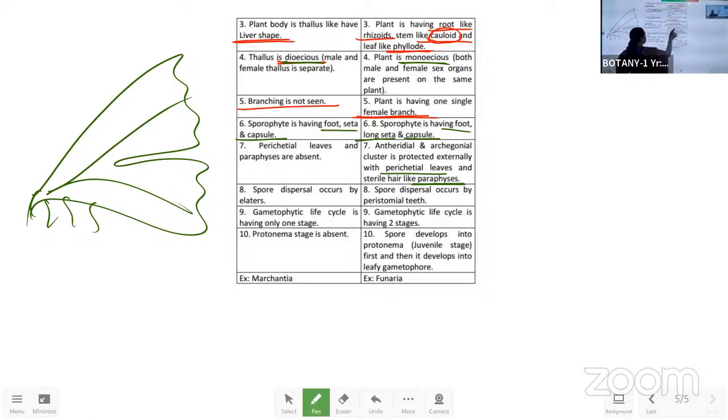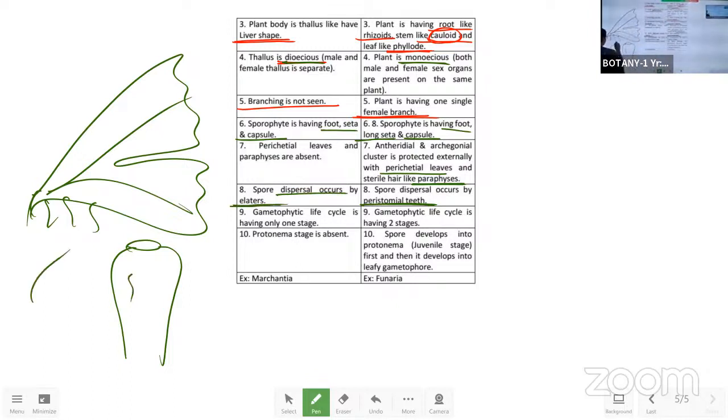The spores formed in the capsule are going to be released out, and that mechanism is seen in the mosses. Spore dispersal occurs by the peristomial teeth with a special mechanism, and that special mechanism is absent in the liverworts, where it occurs with the elaters that are present in the capsule.